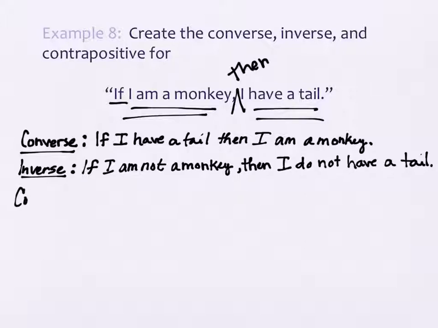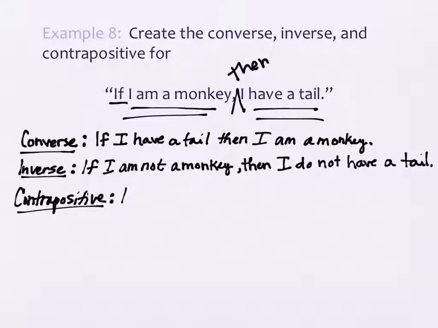And then the last one is contrapositive. So what does a contrapositive do? Yeah, it reverses the statements and it makes them negations. So instead of having the monkey part at the beginning, I'm going to have the tail part at the beginning. But instead of it saying, if I have a tail, I'm going to say, if I do not.